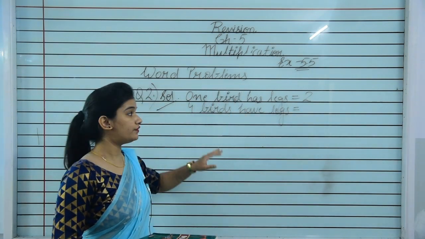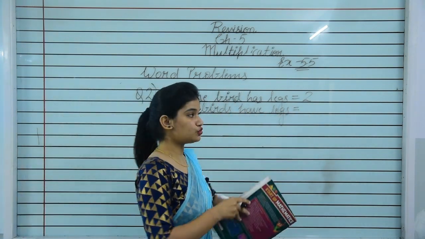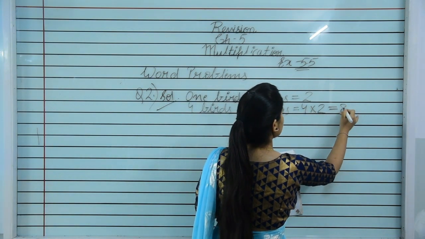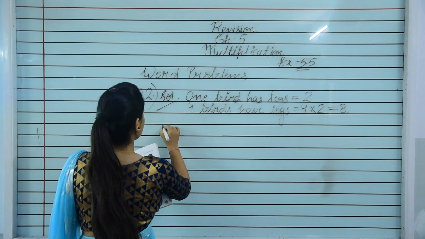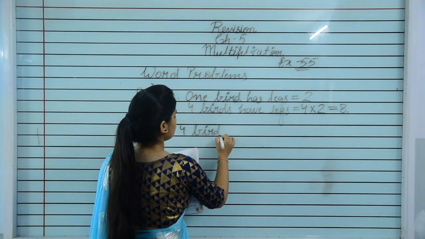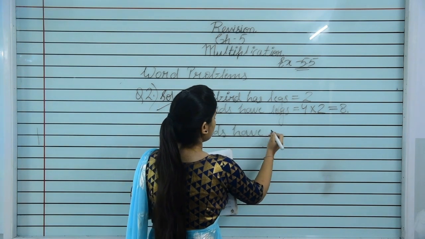What we have to do? We'll do 4 multiplied by 2 and the answer is 8. It means 4 birds have 8 legs.